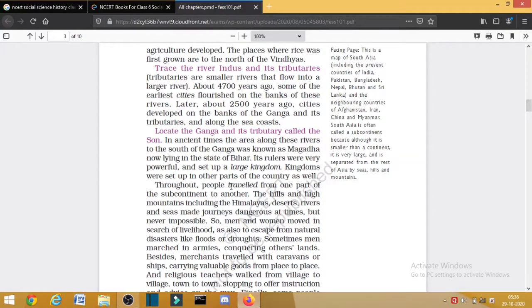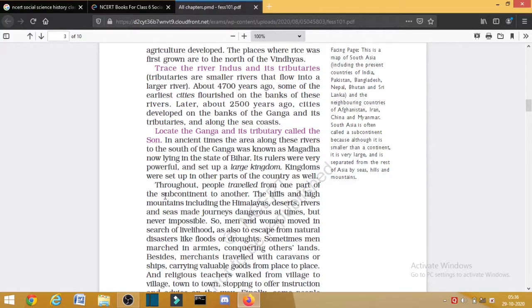Throughout, people traveled from one part of the subcontinent to another. People used to go from one part of the subcontinent to another. Children, see this word subcontinent. What is a subcontinent? A subcontinent is a part of a large continent which is made up of a number of countries that form a large mass of land.